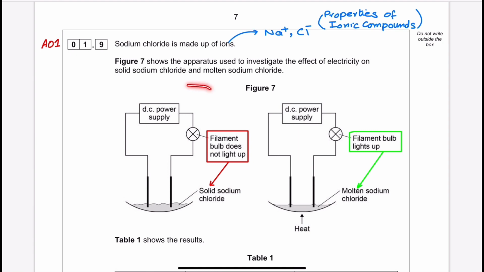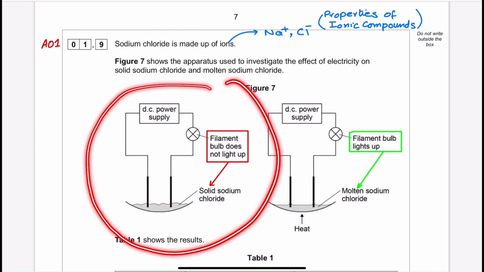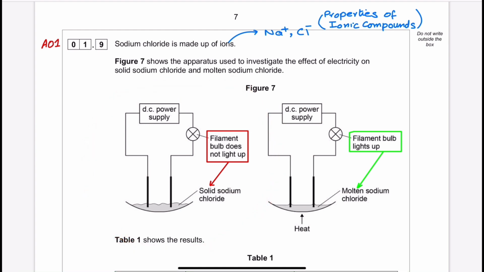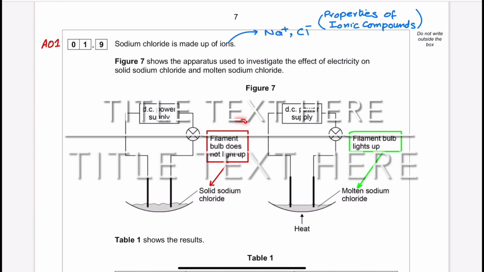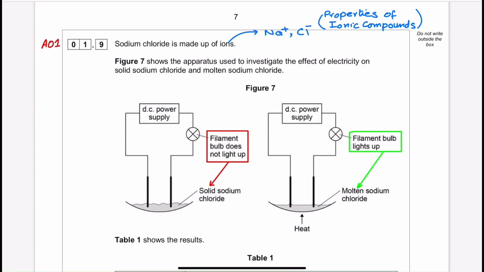If you look into this diagram, the solid sodium chloride is present. The power supply is present. The key information is given here. The filament bulb doesn't light up. If we look here, this is the molten sodium chloride.